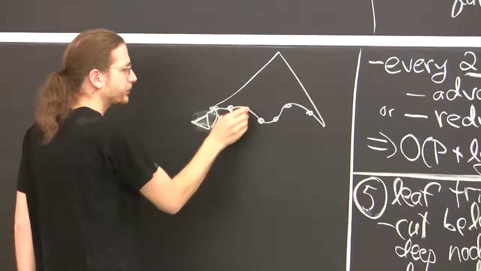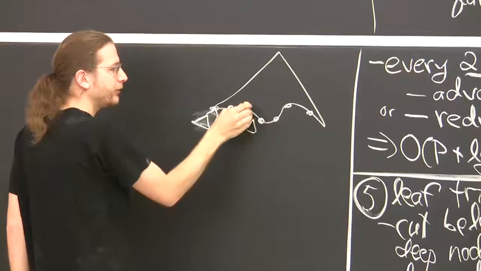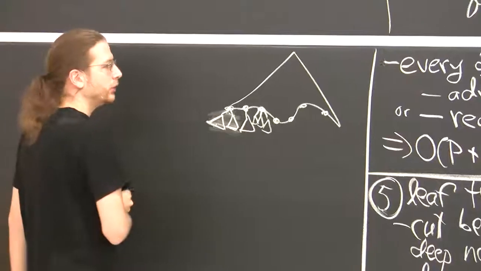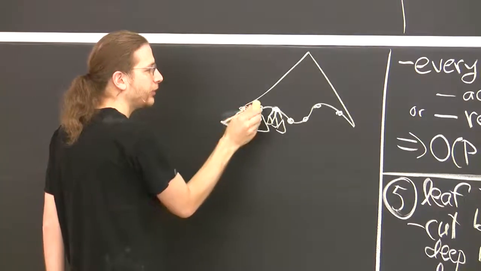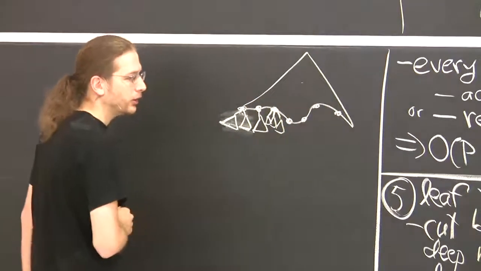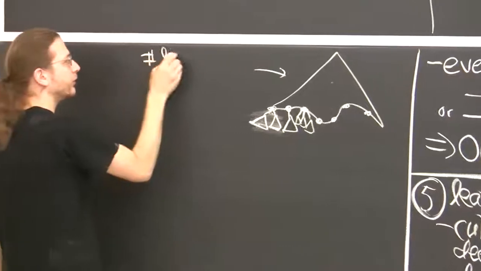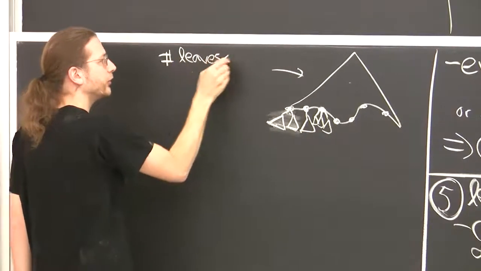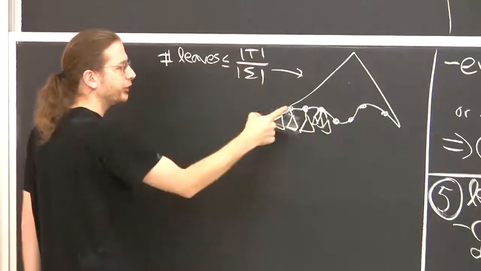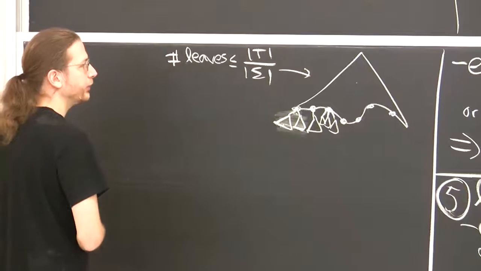The total number of descendants of each of these nodes is at least sigma. So what that implies is that the number of leaves in the top tree is at most t over sigma, because we can charge each of these nodes to the sigma descendants in each of them.